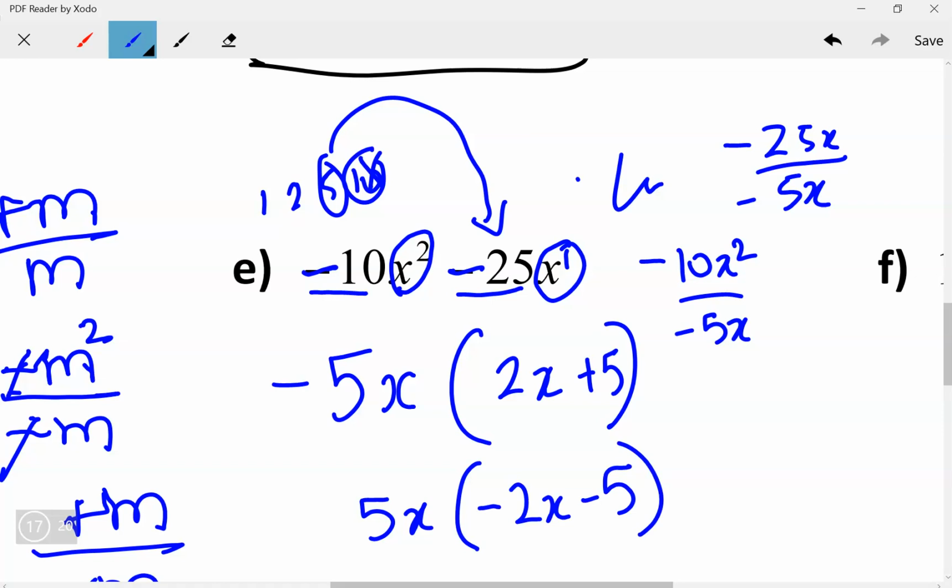Again, for grade 9, this answer will be acceptable, but you have to know, given a multiple choice test, that this is also the correct version. It is proper form, I will tell you now. Going into grade 10 and grade 11, it is always proper form to factor out a negative if your highest power term, the x squared, is negative.